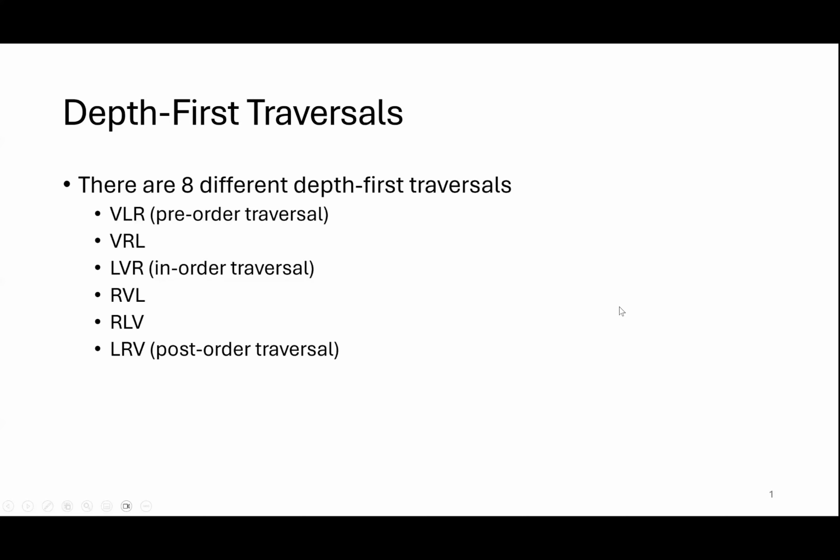So let's talk about different kinds of depth first traversals. We already know DFS. If you remember, the algorithm that we learned is: visit a node, and then call DFS with the left subtree, and DFS with the right subtree.